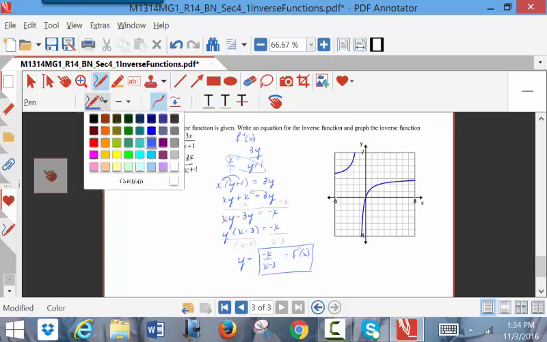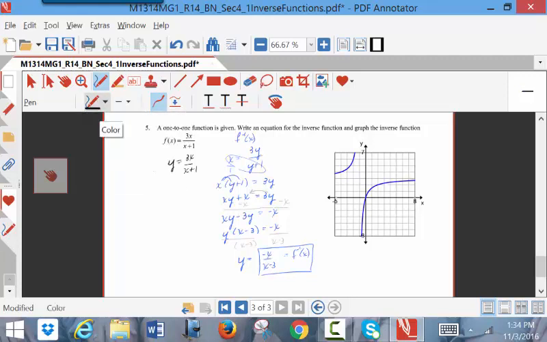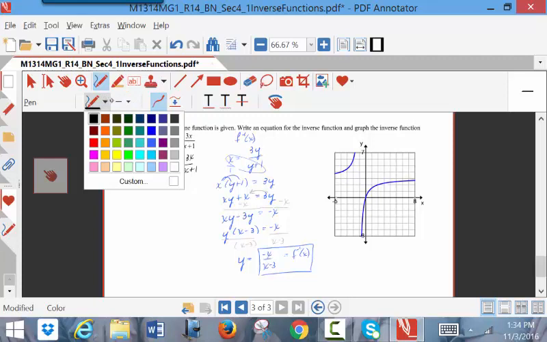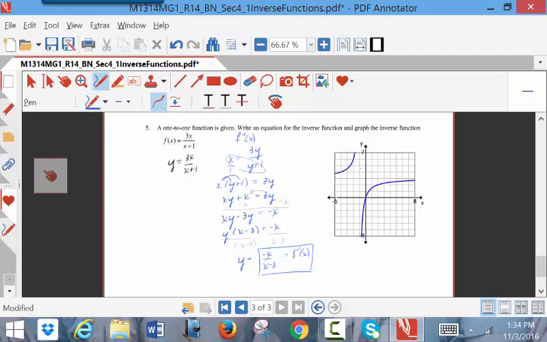Now graphing this one is quite interesting. On the blue line, if I can pull any points, like this point here would be negative 4, 4. And this point would be negative 2, 6.